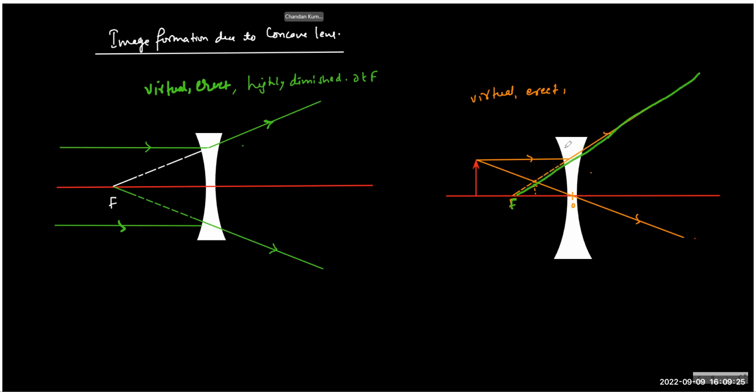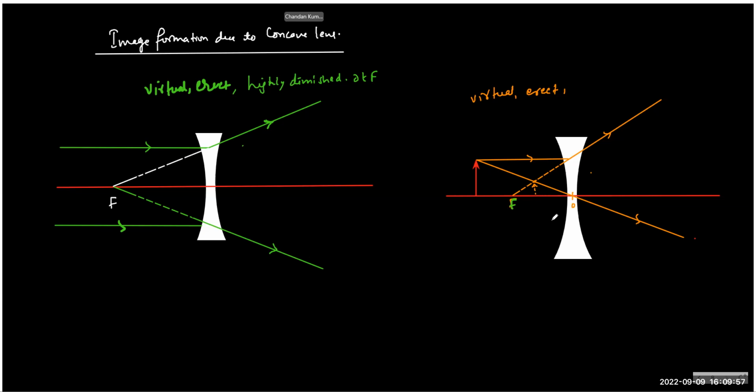So whoever intersects this light ray will eventually give the image. Can we intersect this light ray beyond this point, here or here? No. So where can it intersect? Only between F and O. So the image is bound to be between O and F. This is what I'm saying. It means all images will be formed from O to F.